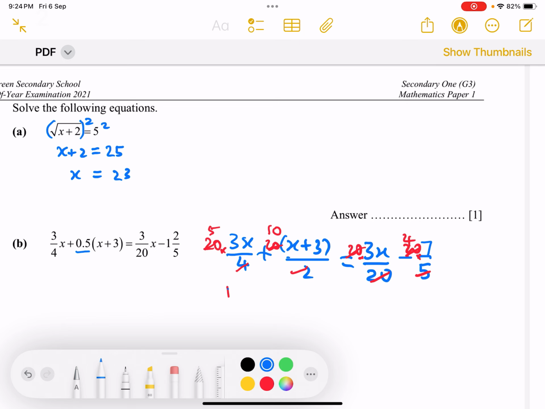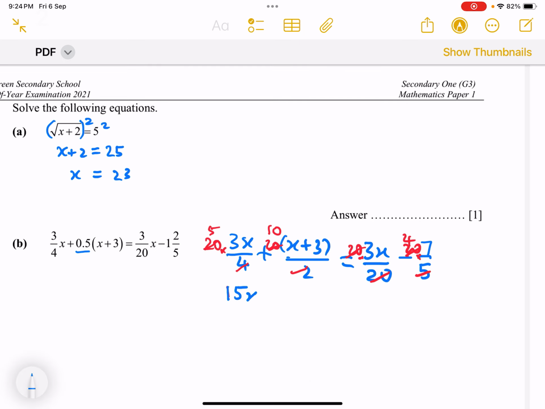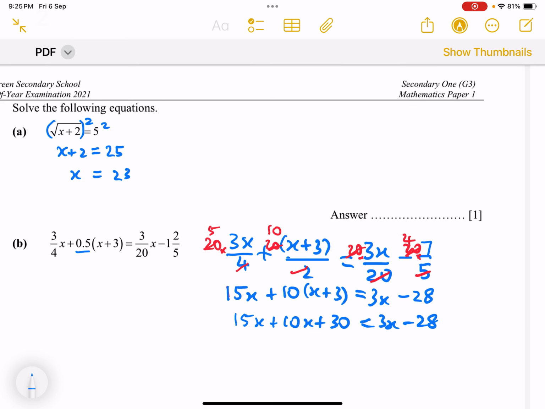So we have the first one, 5 times 3 is 15. We have 10 bracket x plus 3 and 3x minus 28. Right, so now the expression is simpler. Using the distributive law, okay, so once again, we have 25x here.